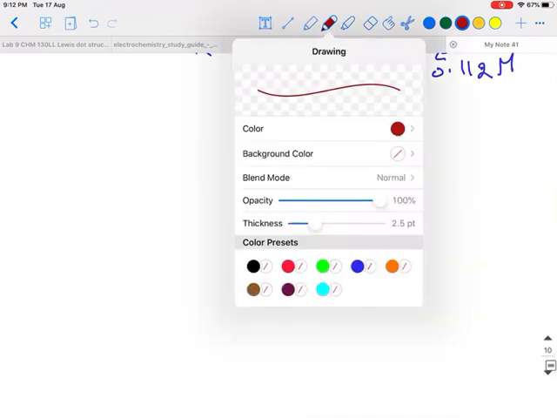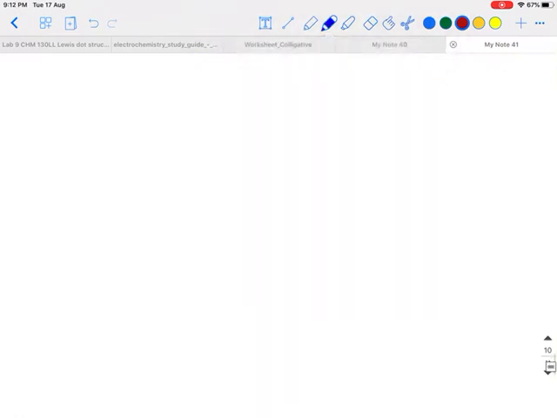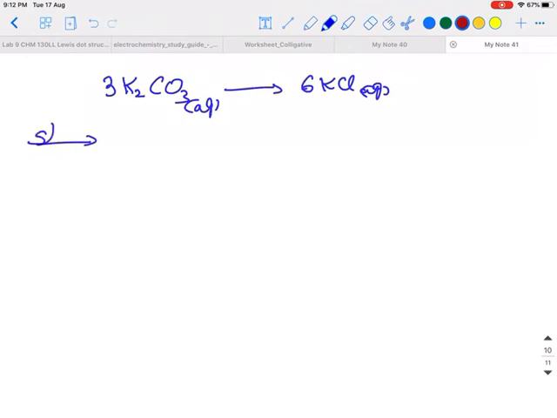Okay, so this is a source of ions that are left. I will circle them. The other source of ions, as we said, is the KCl. So let me calculate. Always I use the limiting to find what I want to find. So 3K2CO3, which is the limiting, corresponds to 6KCl aqueous. As usual, the first line is according to stoichiometry, and the second line is given and required.